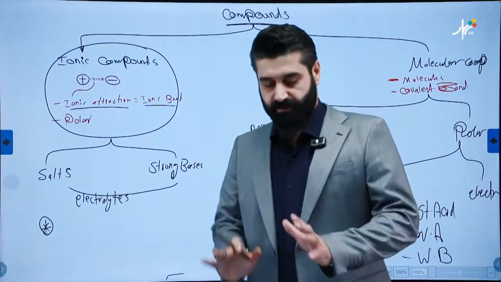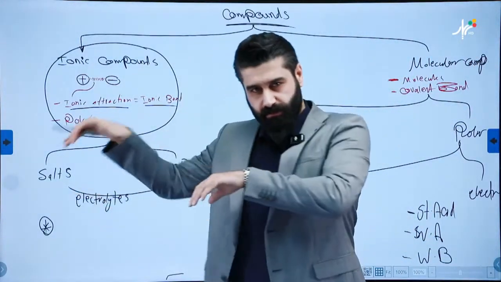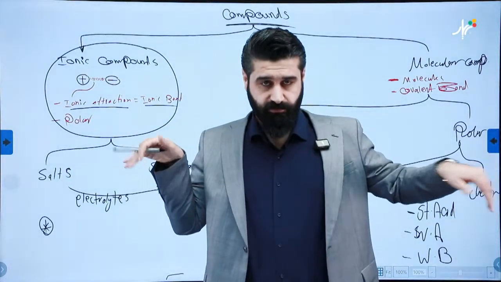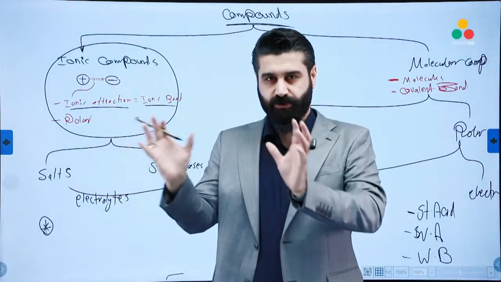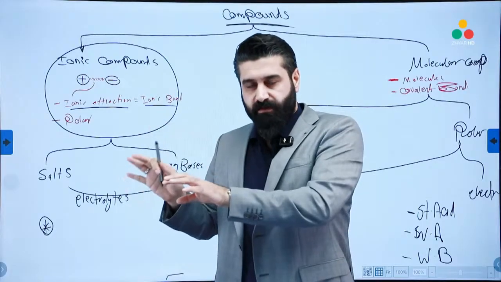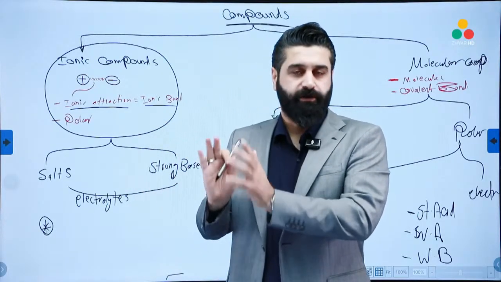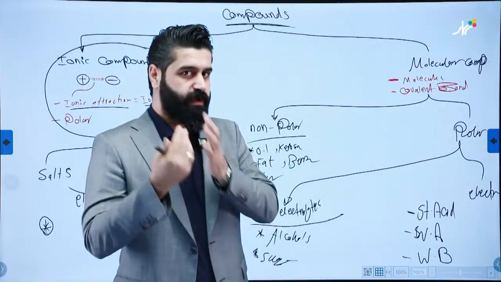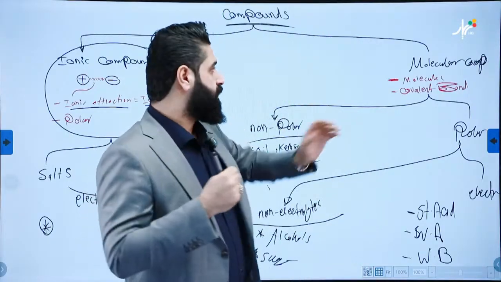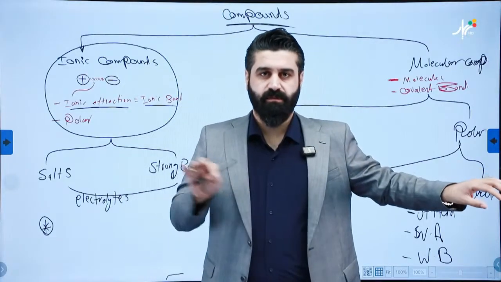Let's begin from the first. Compounds are classified into ionic and molecular. For the ionic, we have salts and strong bases. Both are polar electrolytes. They contain ionic bonds, also called ionic attraction. So all the ionic compounds are polar. But for the molecular compounds, some are polar, some are non-polar.